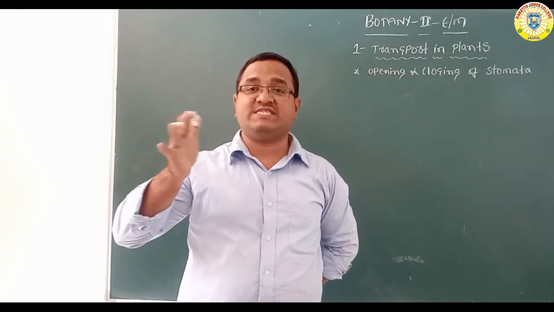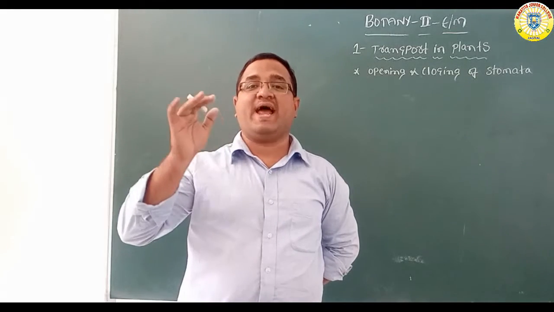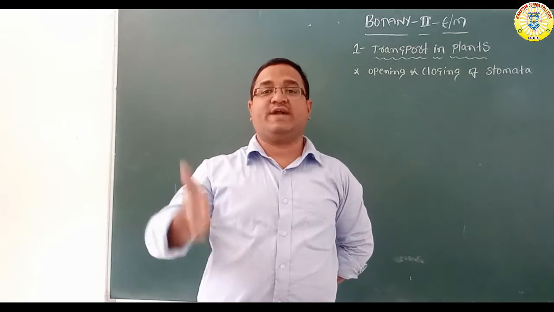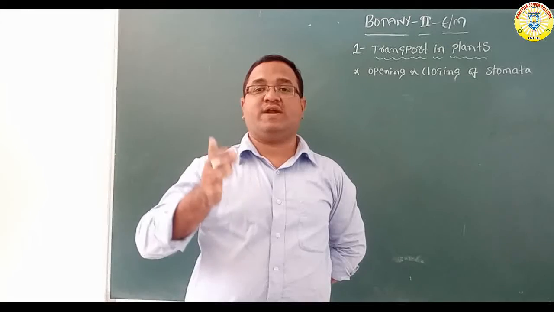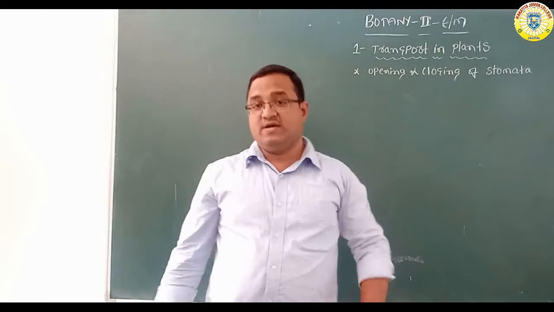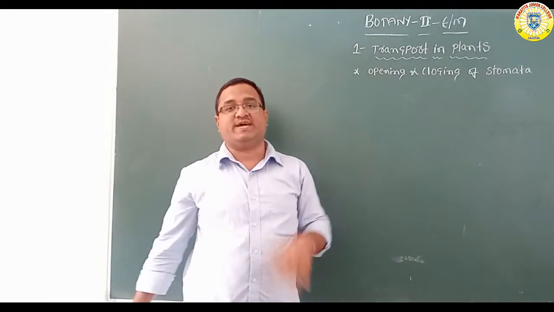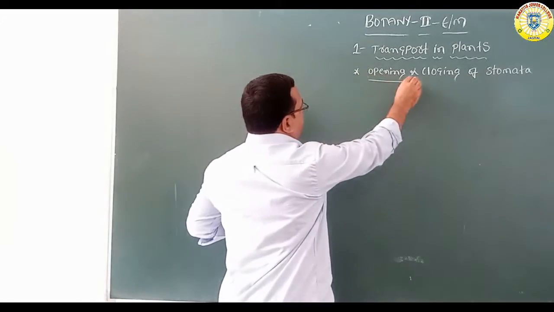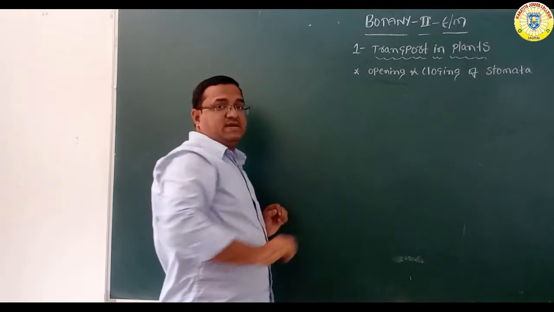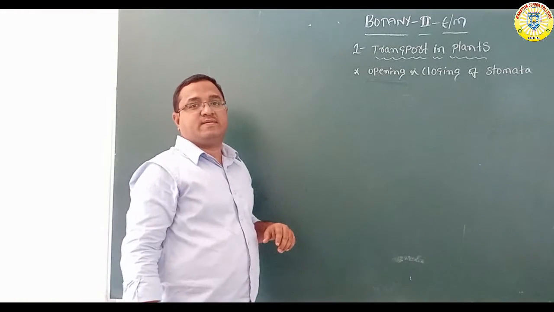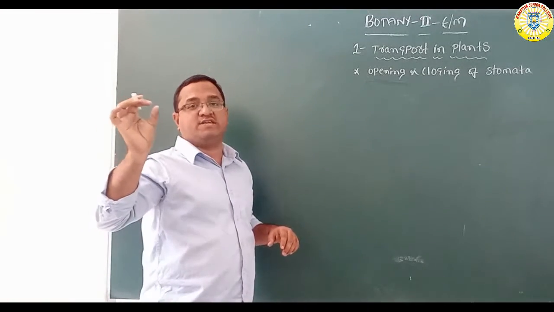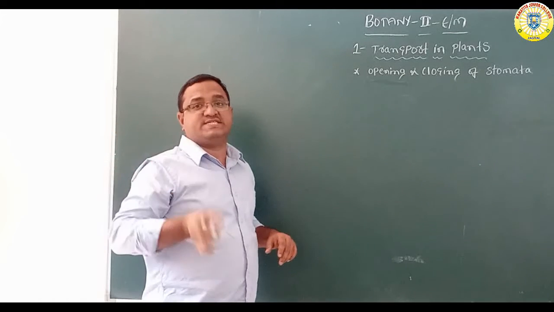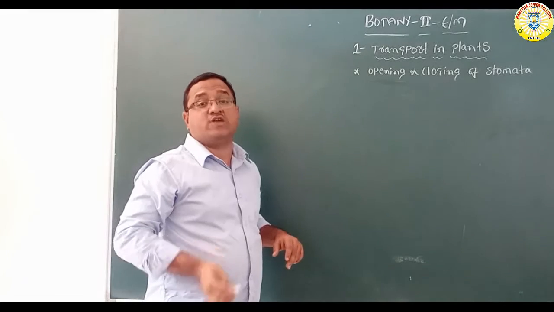But what is the mechanism inside for opening and closing of the stomata? What are the important activities for opening and closing of the stomata? First, the main immediate cause. The main cause for opening and closing of stomata is turgidity of the guard cells.